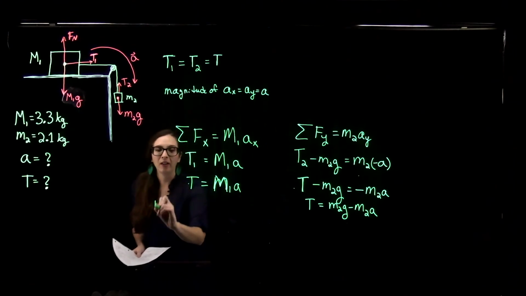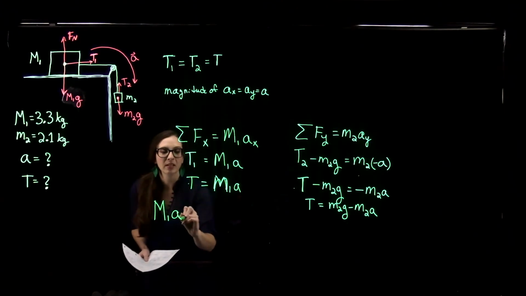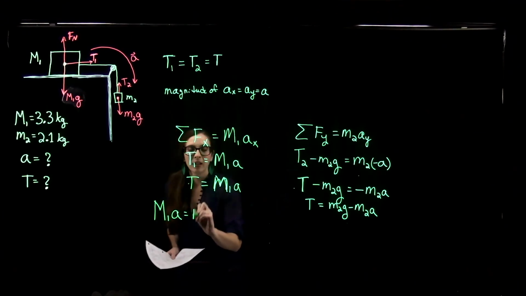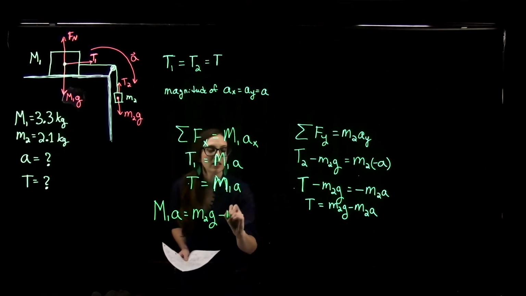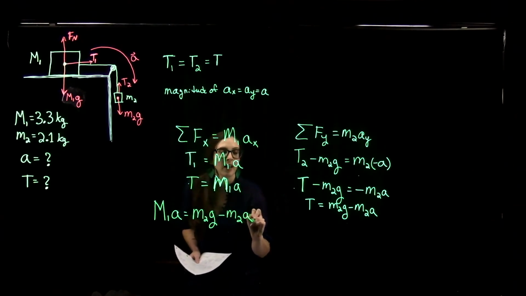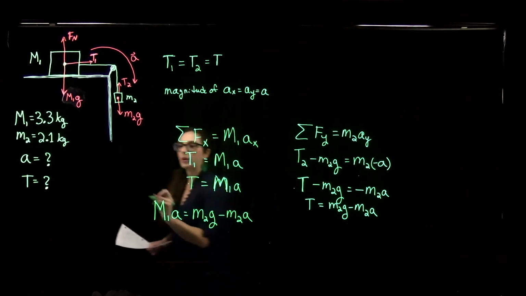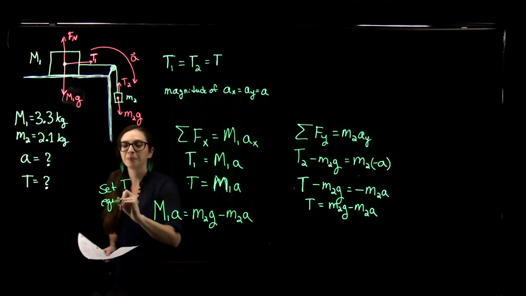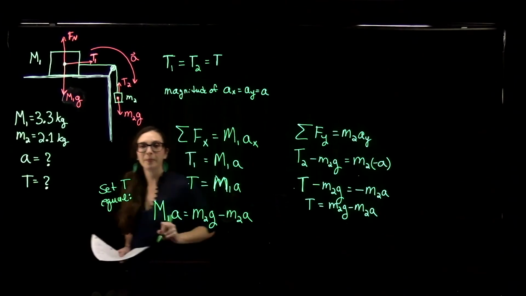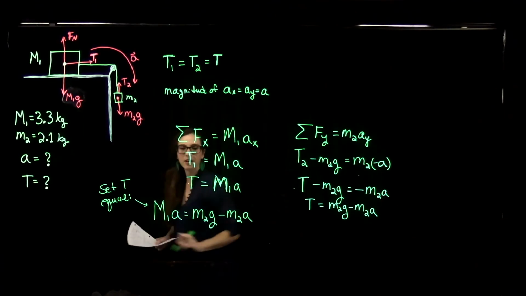So then we have big mass, M1, times acceleration equals m2g minus m2a. Okay, so we're setting T equal. All right, and that's what we're doing right here.